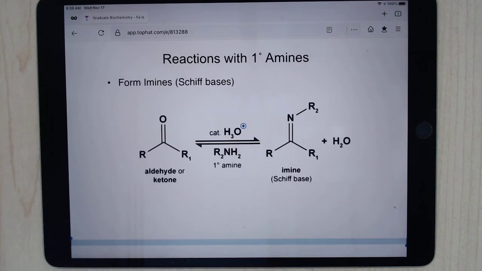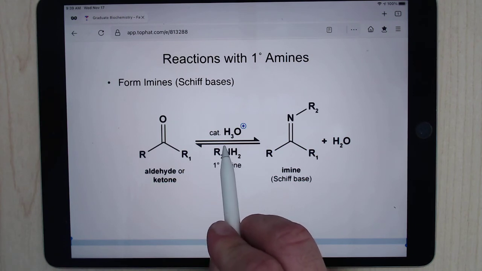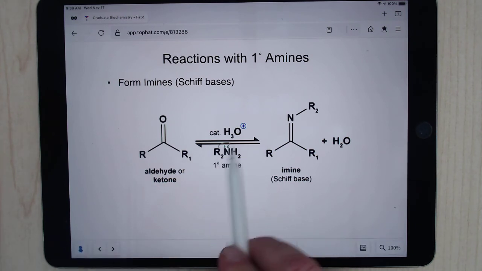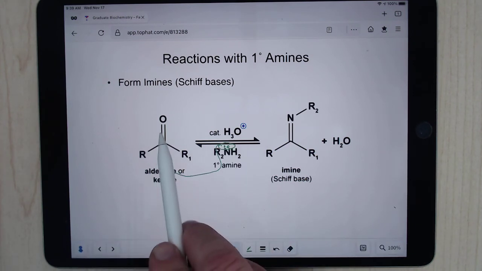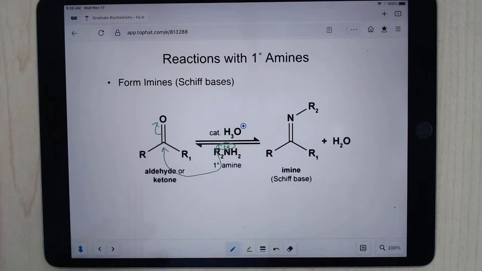Now, one of the things is with amines, okay, is they're going to react a little differently. Although it ends up working out, the reaction still occurs where you come in here and you have an amine, right? Here's a set of lone pairs. It's still going to attack here, okay? But what's going to happen is you're going to end up removing a water molecule, okay?